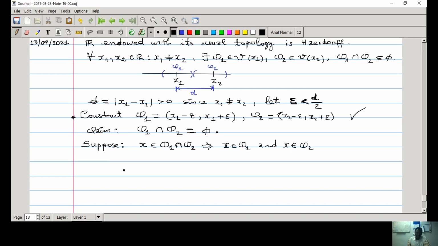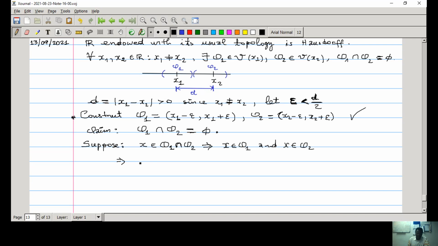For the first one, if it is here, it means that the distance between x1 and x is less than epsilon. That's what it means. And similarly for the other one.